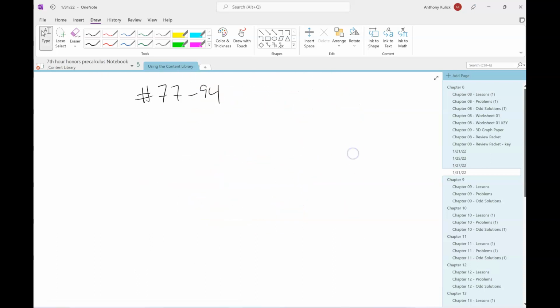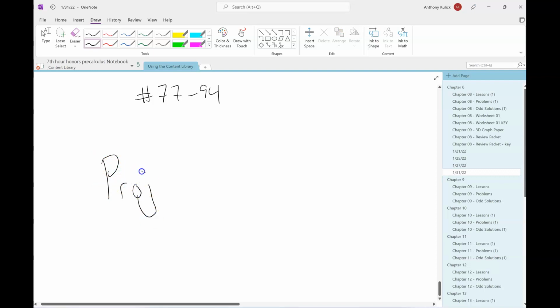All right. Now that everybody's got their stuff, take a moment, because you're going to need this formula for the last problem.